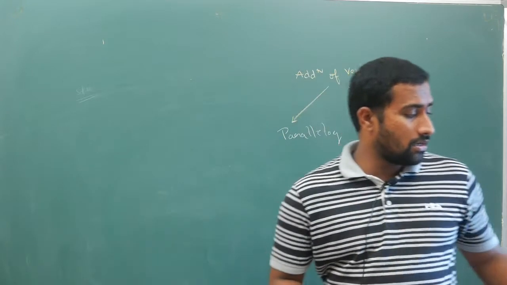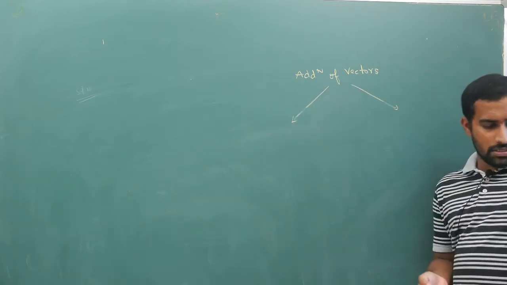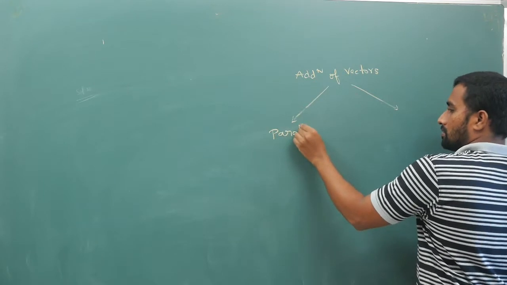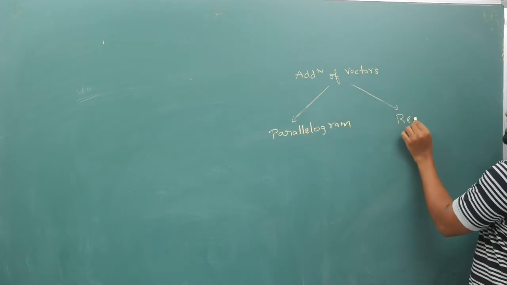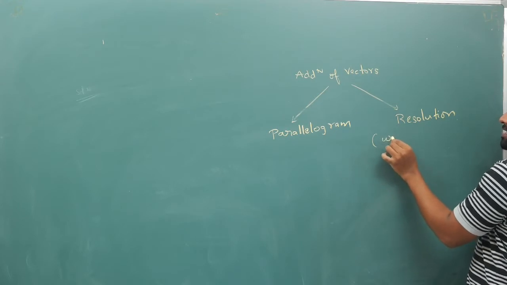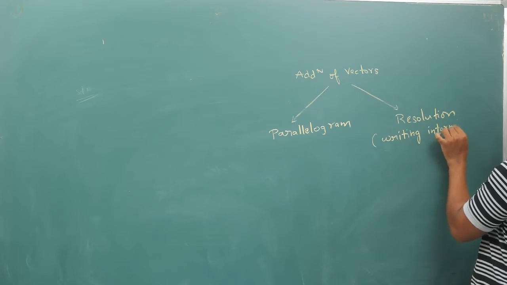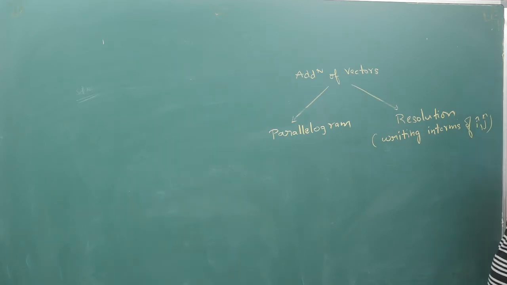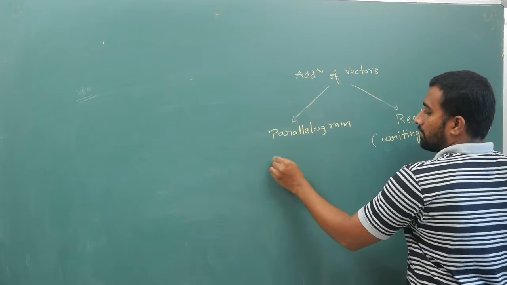Now if you are strong enough in these two, in your parallelogram law and using this idea of resolution, and in my video I have explained writing in terms of i cap and j cap, then parallelogram law is valid only for two vectors.